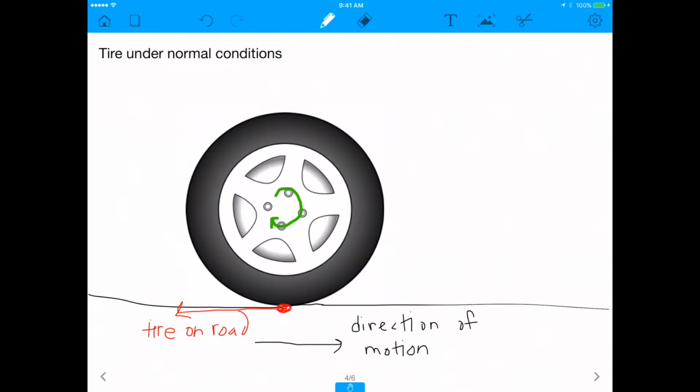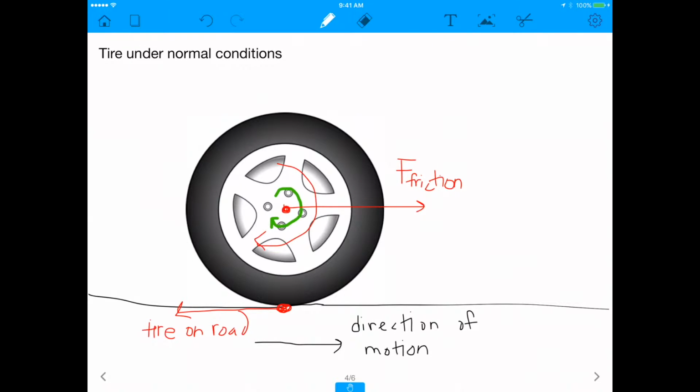It's a force that the tire exerts on the road to the left, because if the tire is moving clockwise, then it's going to exert a force on the road that's to the left. But because of Newton's third law, the road will exert an equal and opposite force in the forward direction. And believe it or not, this is the force of friction. So friction is actually something that's keeping the car moving forward, okay?